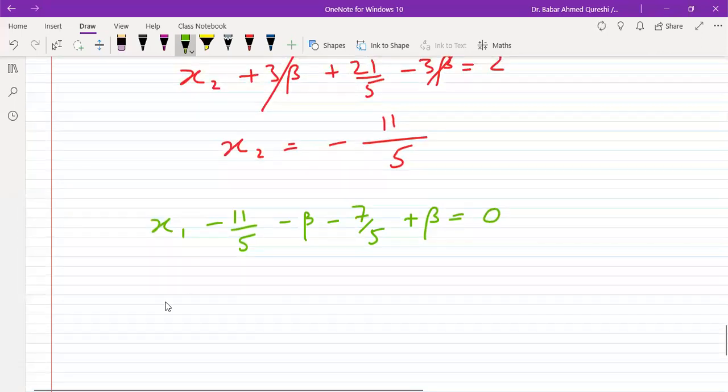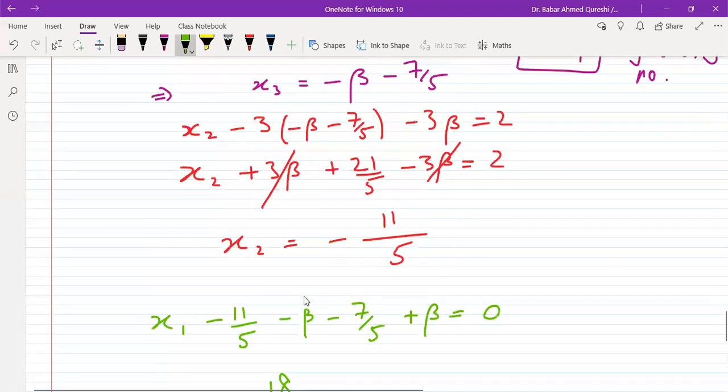So betas again cancel, and x1 is equal to 11 and 7, 18 over 5. Kindly check if there is something wrong. Yeah, 18 over 5. So I have got my solution.